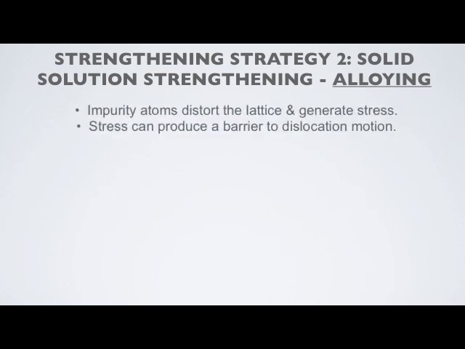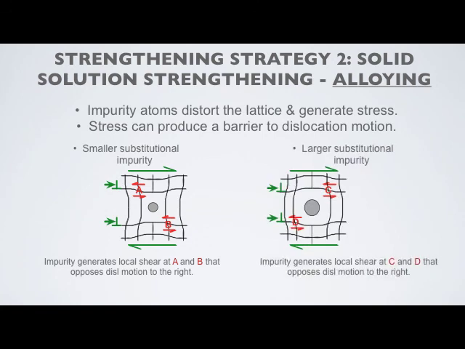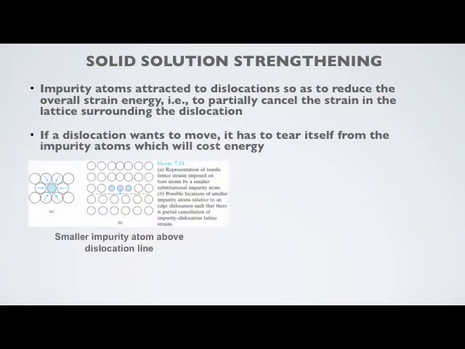Another mechanism of strengthening is solid solution strengthening or alloying, especially when it comes to carbon addition to steel. Now what happens is, as illustrated here, the dislocation attaches itself to this foreign atom or carbon in steel, and it requires extra energy to tear itself from it.